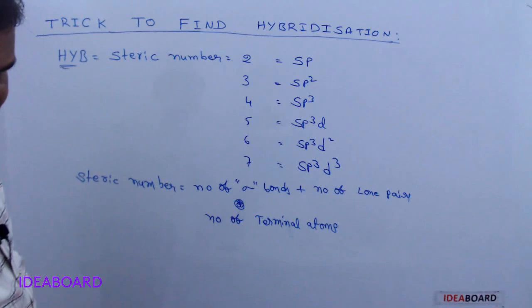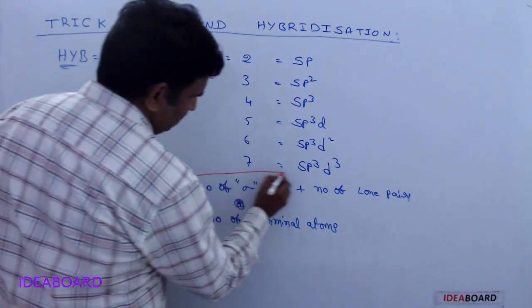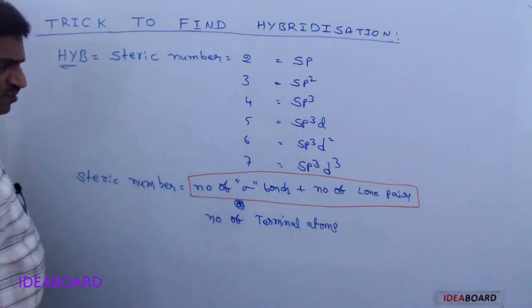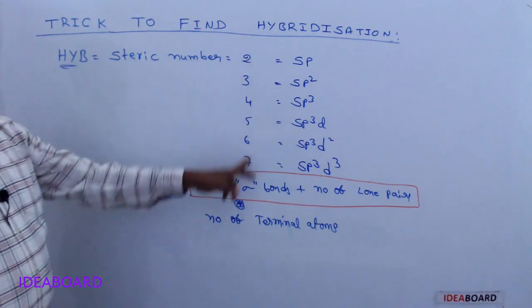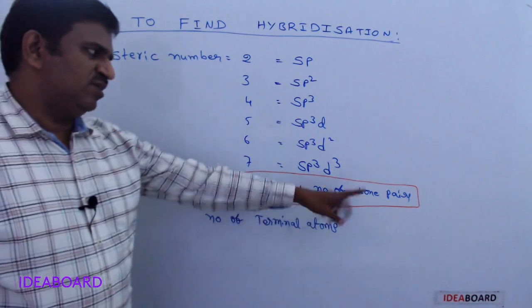If you know the number of sigma bonds plus the number of lone pairs, then we get the steric number value. If you get the steric number value, then we can say the hybridization easily. Or, number of terminal atoms plus number of lone pairs.